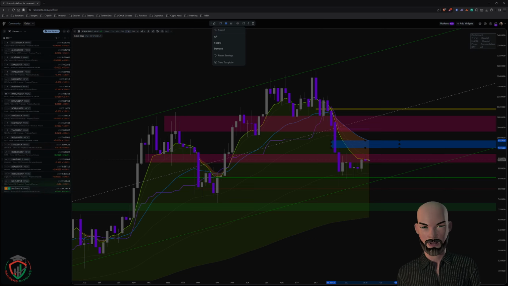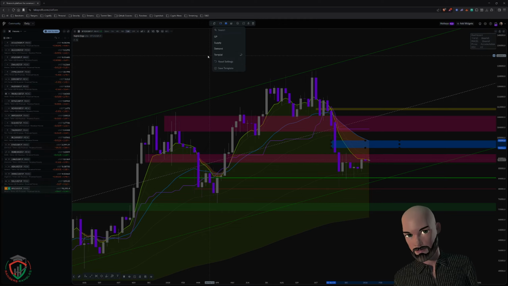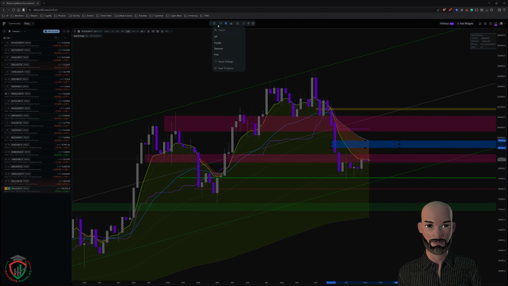I can't really color code. That's no problem. We can make do for now. So what am I naming this? I'm just going to name this FEG.